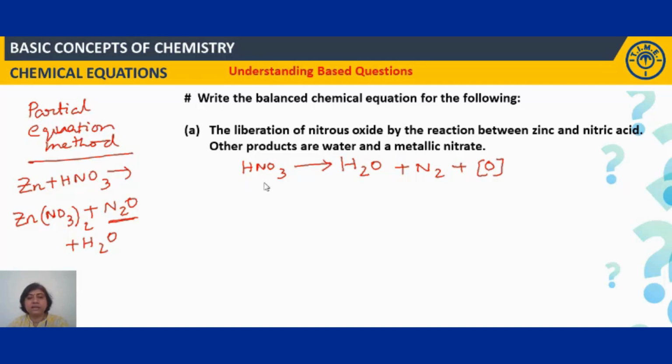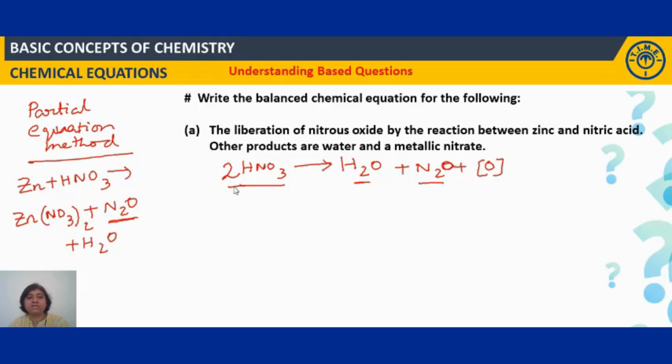Now you can see that on the left hand side one hydrogen is there, here 2 hydrogen, isn't it? Right hand side 2 hydrogen. So we have to write here 2. Then nitrogen, sorry, it is nitrous oxide, so N2O. Now next step, you see nitrogen on the left hand side it is 2 and on the right hand side it is also 2. So nitrogen is already balanced.